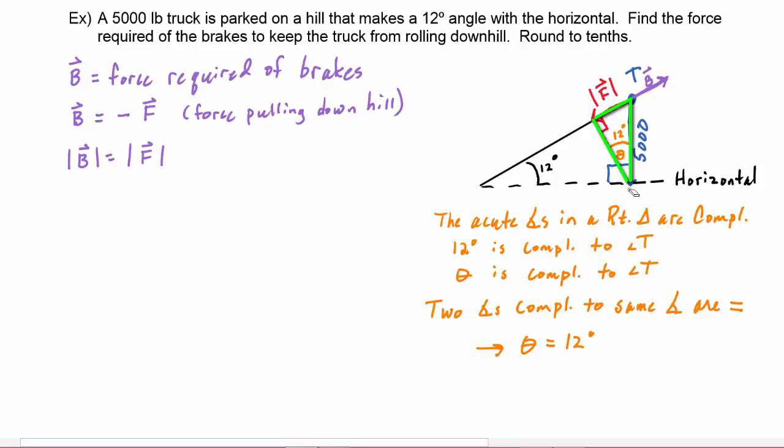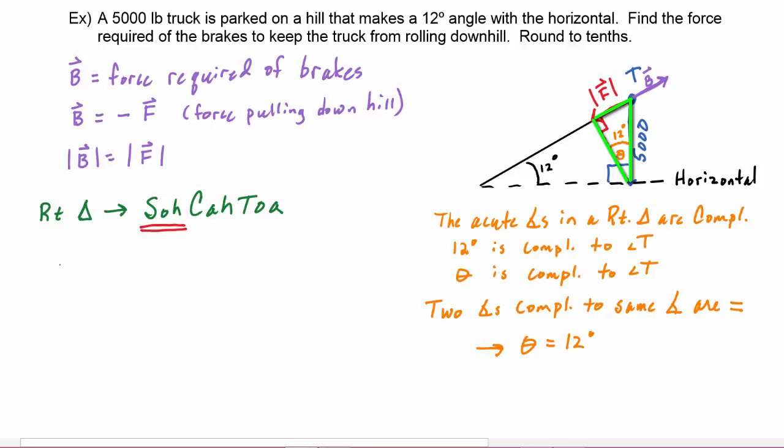Now, because of this small right triangle, we know that we can use SOHCAHTOA. Anytime we have a right triangle, we are allowed to use it. Relative to the 12-degree angle, the magnitude of our force is the opposite leg. The 5,000 is the hypotenuse. So if we have opposite and hypotenuse, that means we're going to be using sine.